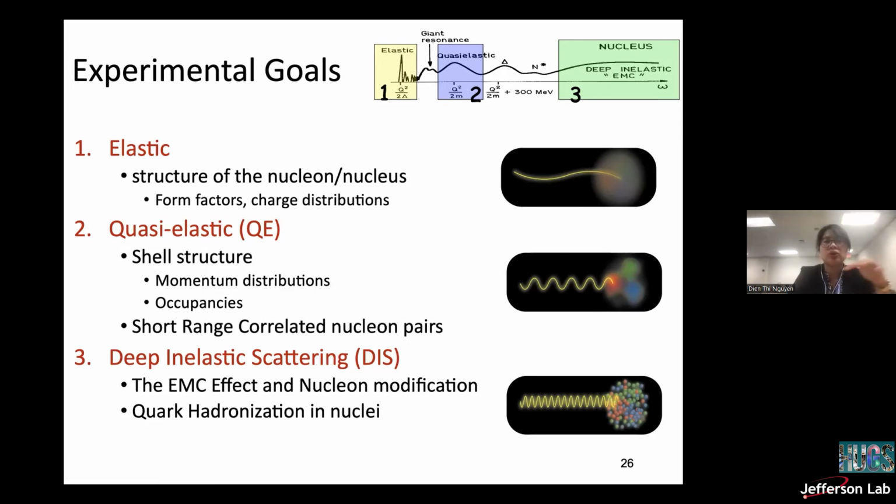And now we go to deep inelastic scattering. Deep inelastic scattering means that we have enough resolution to go inside the nucleon. Now the electron interacts with a quark inside the nucleon and knocks it out. That is how we have deep inelastic scattering.